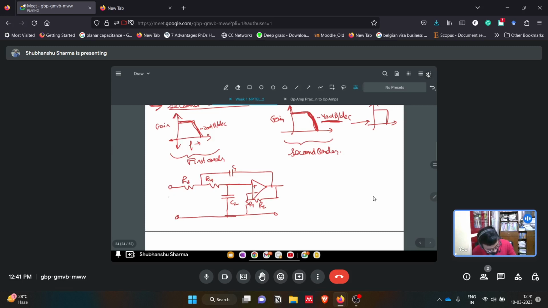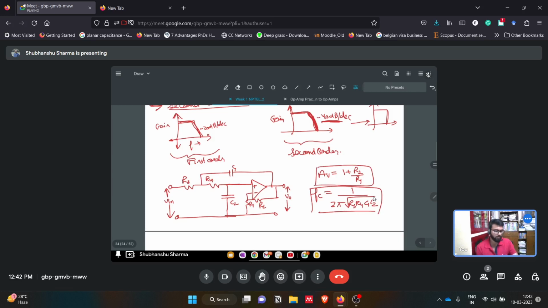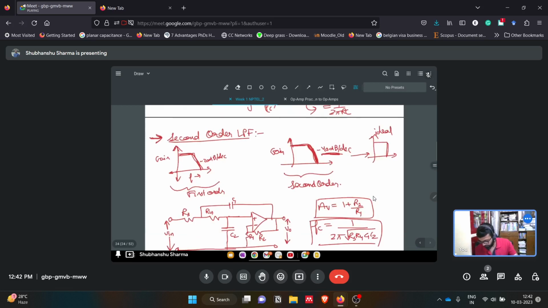This is V input, this is V output. So the DC gain of this op-amp is 1 plus R2 by R1. The cutoff frequency is 1 upon 2 pi under root R3 R4 C1 C2. So this is about the second order low pass filter.